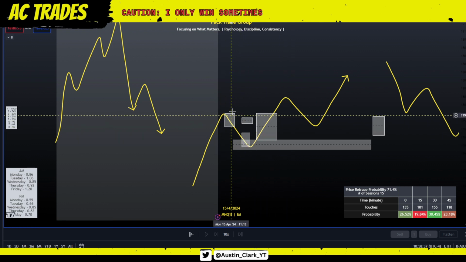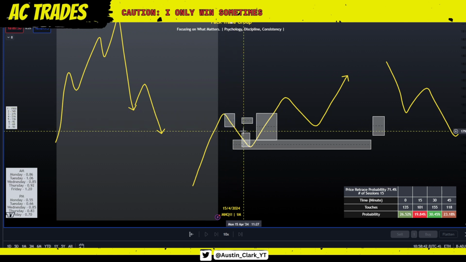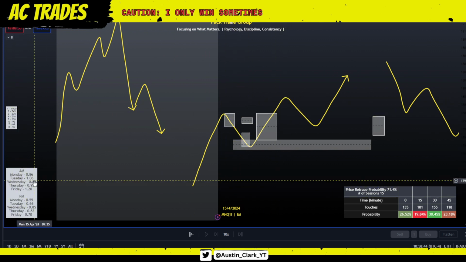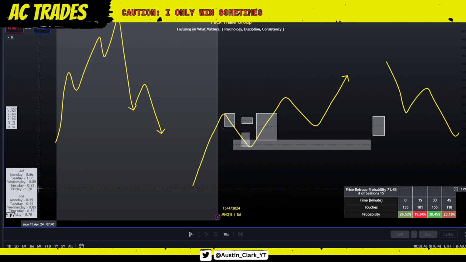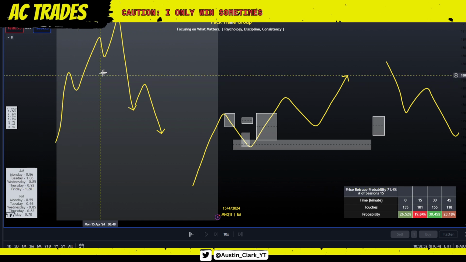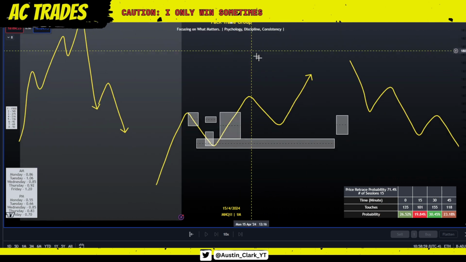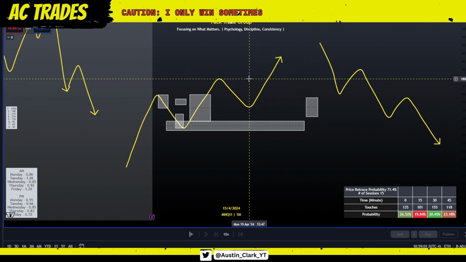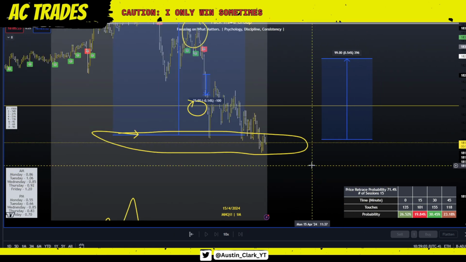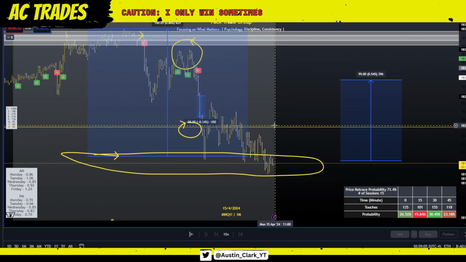But if I know with a statistical edge that we're going to distribute price on any given day of the week, and in a specific session of the day, AM or PM, then now I know the science behind where price is most likely going to move and react from. So all we're doing here is using statistics and data, and then the really cool edge that I have, again, I'm not trying to sell you.